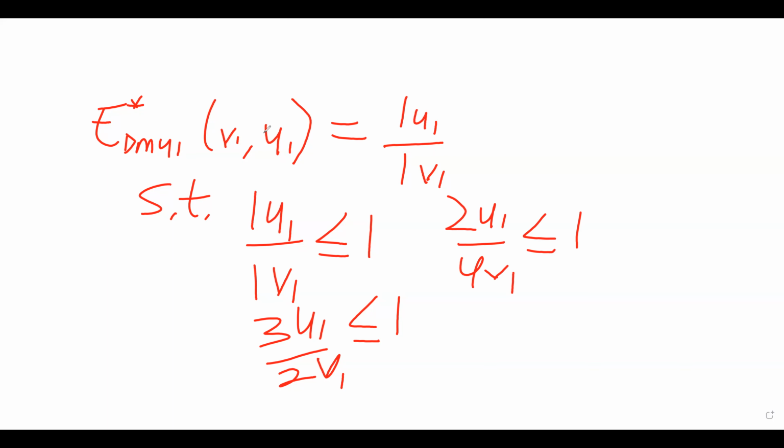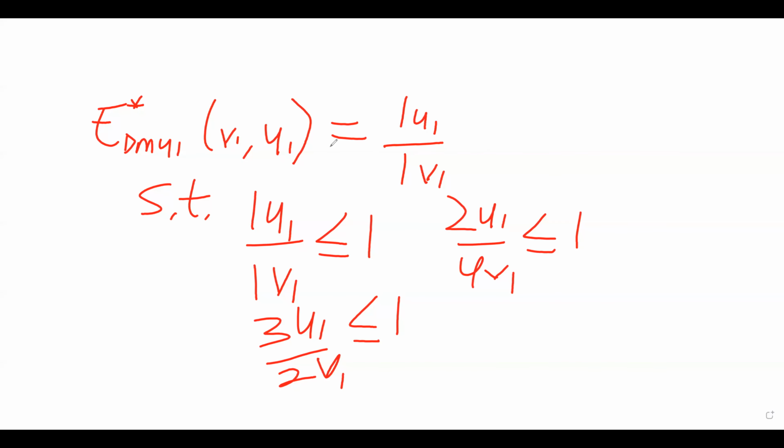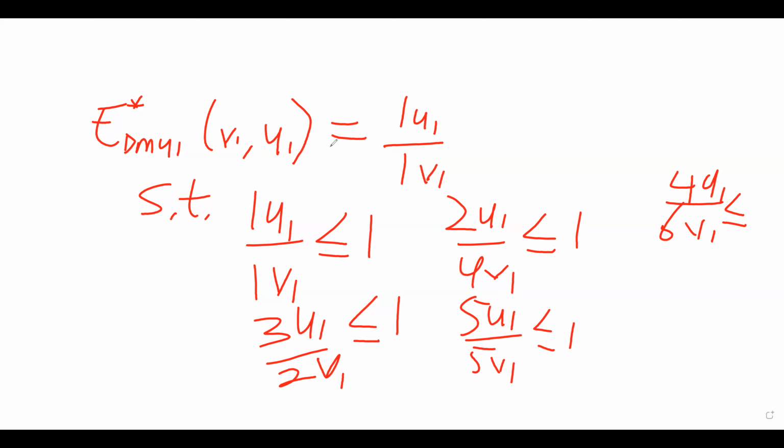And then you go to the next firm, and that is 5 and 5. And then you have 4 and 6. Let's do the 5 and 5: 5U1 over 5V1, less or equal to 1. The next one is 4 and 6, so 4U1 divided by 6V1, less or equal to 1.